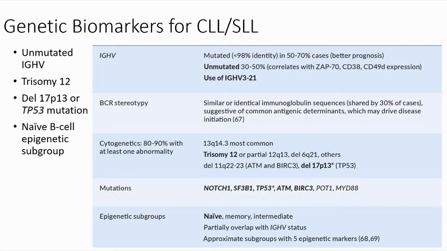Those B cells derived from more somatic hypermutated cells, the mutated, with less than 98% identity to germline, are associated with a better prognosis than those that are unmutated. Unmutated status also correlates with other negative markers such as ZAP70 expression, which is measured in many institutions by flow, CD38 expression, alpha-4 integrin expression, or a naive epigenetic subtype, also certain mutations. And this area continues to evolve because some of them are more or less relevant as treatments are advancing as well.